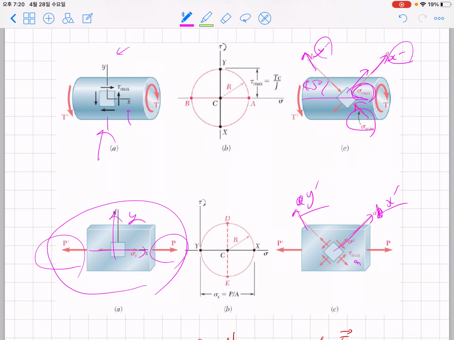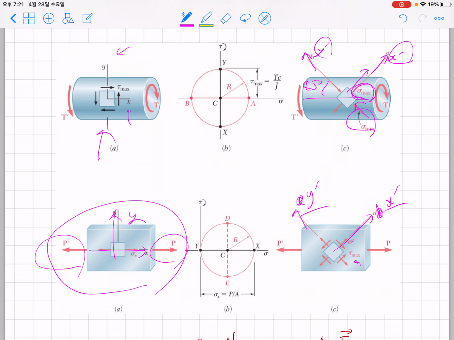Okay, and as I told you, stress is not a vector quantity, and strain is not a vector quantity. They are tensor quantities. For tensor quantities, we can find the analytical equation.